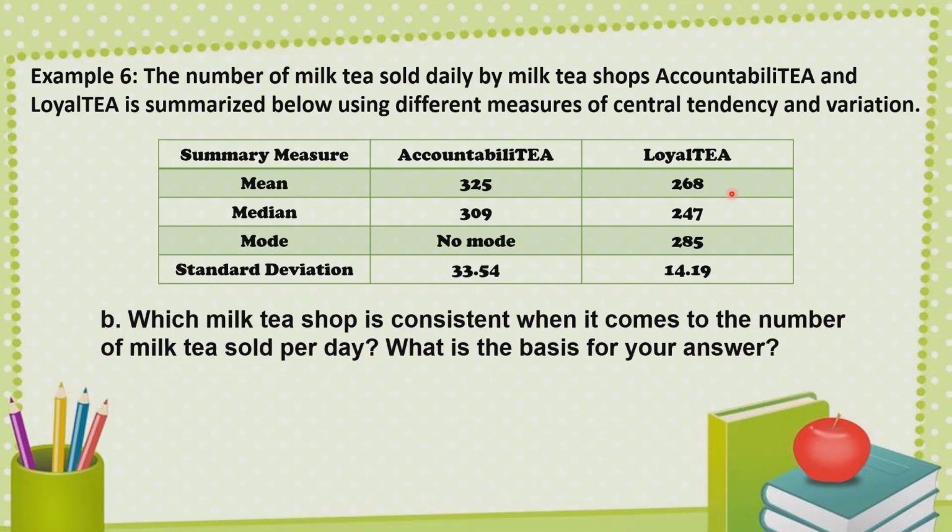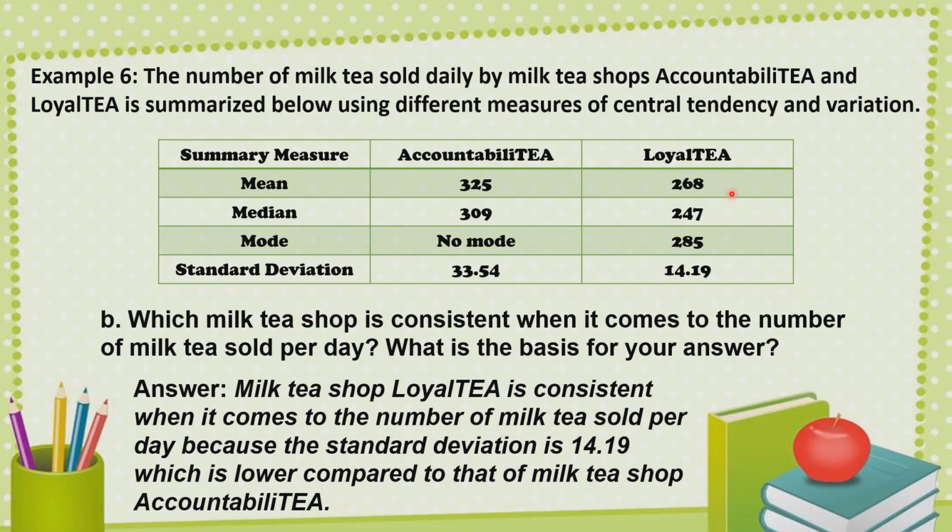Which milk tea shop is consistent when it comes to the number of milk tea sold per day? What is the basis for your answer? Milk tea shop Loyalty is consistent when it comes to the number of milk tea sold per day because the standard deviation is 14.19, which is lower compared to that of milk tea shop Accountability.